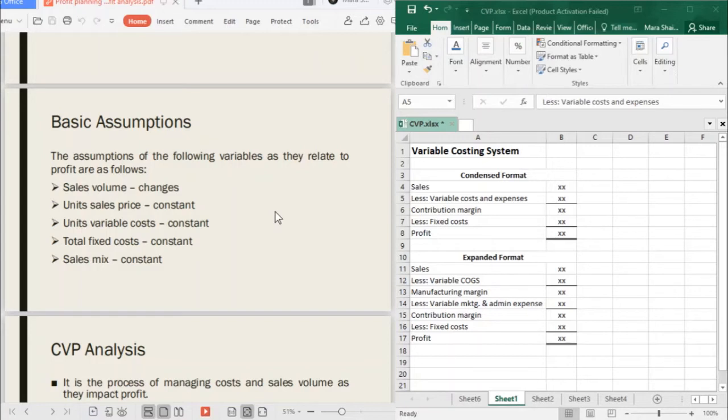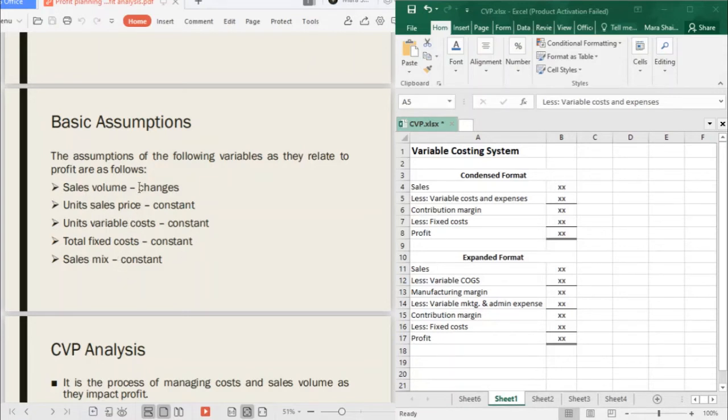Again, why is it an assumption? Because we are still in profit planning. What we are doing is planning, so these are just budgeted figures, and later on you compare them with your actual figures. So these are the assumptions that you need to remember. We have, again, all other things constant: sales price, variable cost, fixed cost, and sales mix.